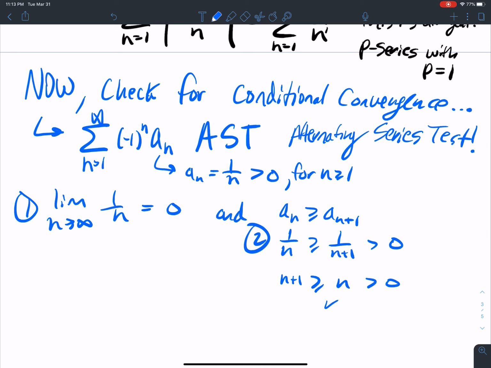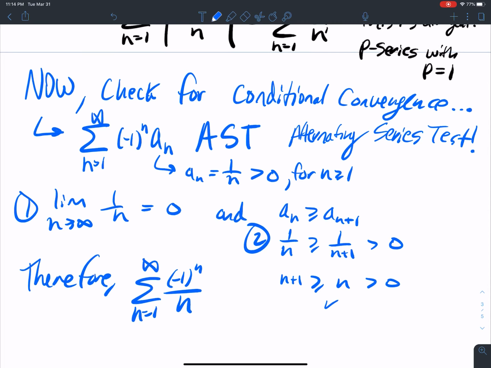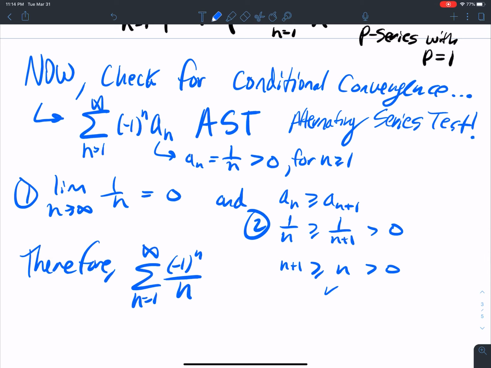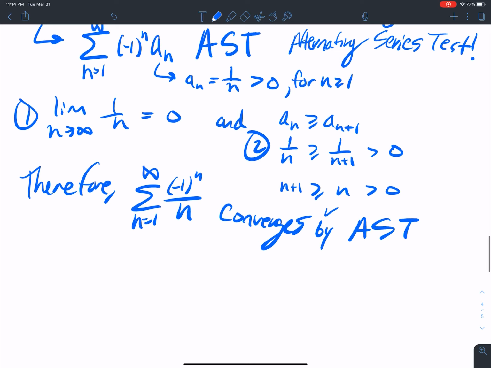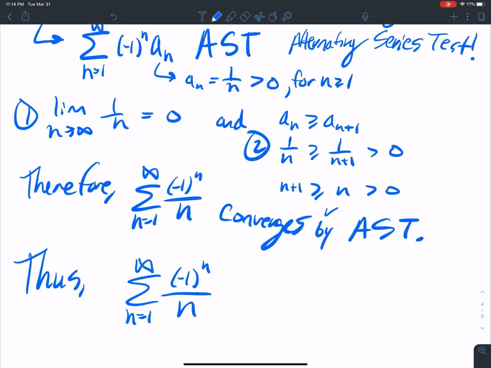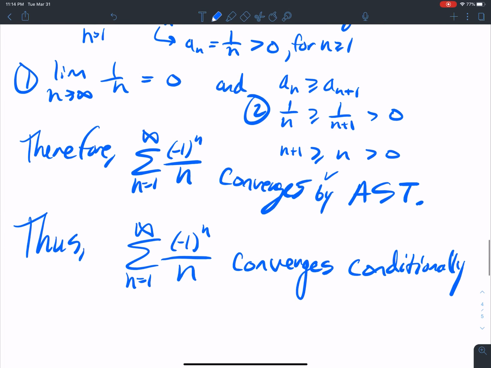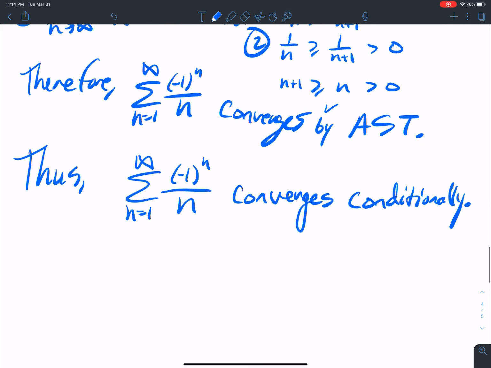Therefore, the series n equals 1 to infinity of (-1)^n with the sign changer converges by the alternating series test. Thus, the series n equals 1 to infinity of (-1)^n over n converges conditionally. Why does it converge conditionally?